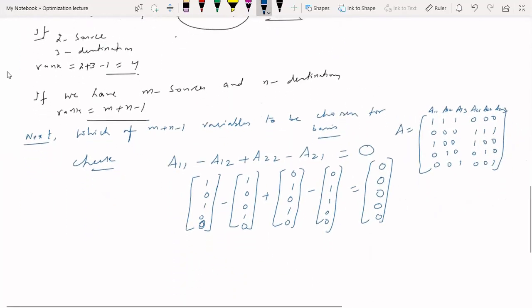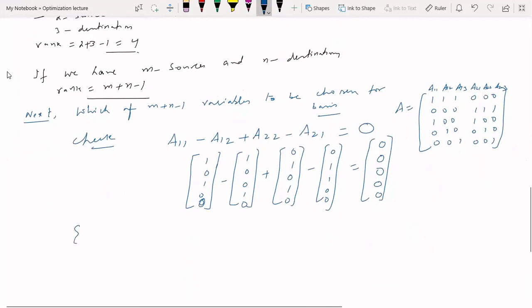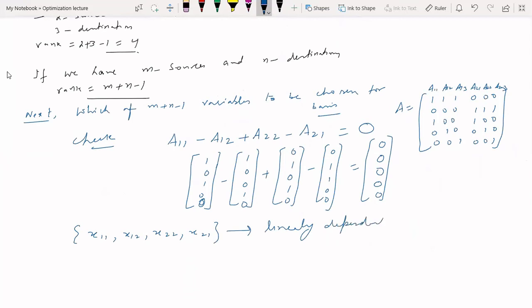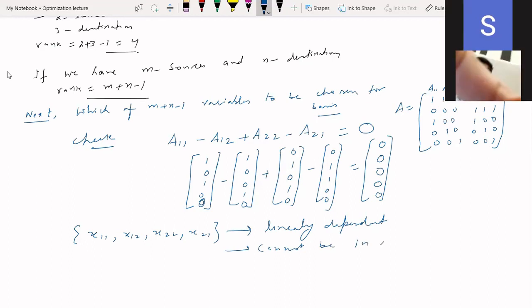It tells me that my variables x11, x12, x22 and x21, these four variables, are linearly dependent. So these four variables cannot be in the basis together.